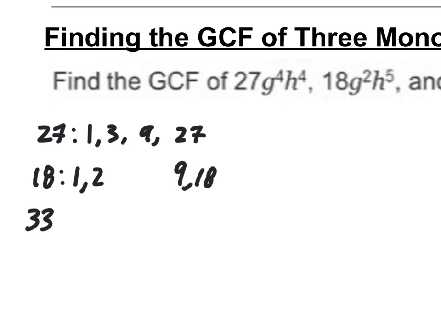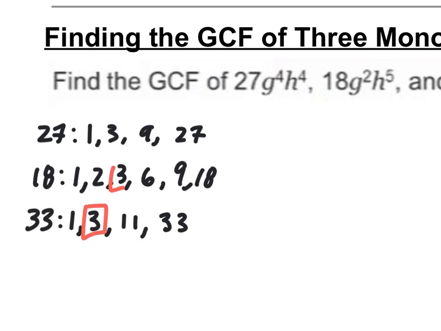So it looks like between these two, I've got a common factor of 9. And then 3 and 6. And then with 33, you've got 1 and 33, but then the only other thing you have is 3 and 11. So the largest common number out of any of these lists is going to be 3. And that's going to be our greatest common factor.